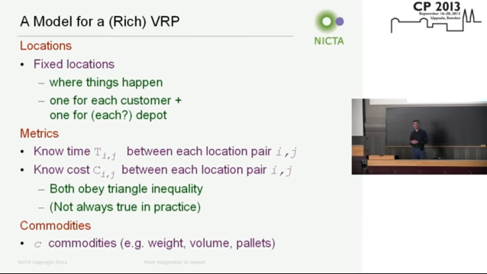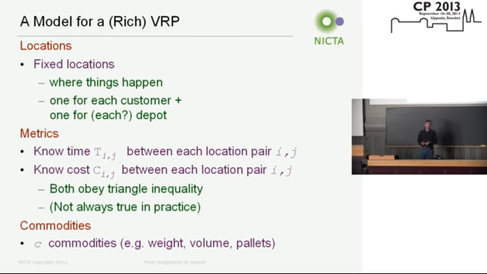It's actually not always true. For instance, the shortest time path is not always the shortest cost path. And so if I'm going to be developing my routes to minimize cost, sometimes that's going to break my time triangle inequality. And in a CP context, that actually matters, but I'm just going to skip over that and pretend it doesn't exist for now.